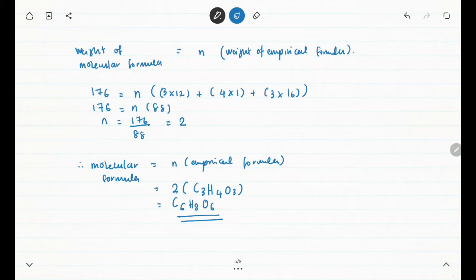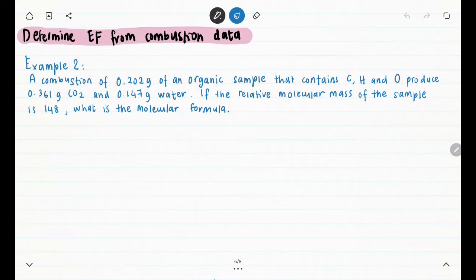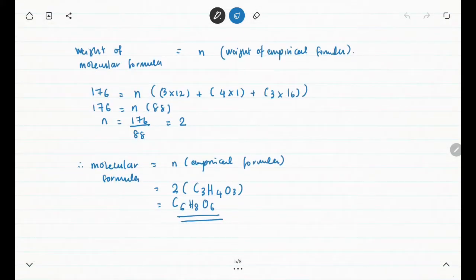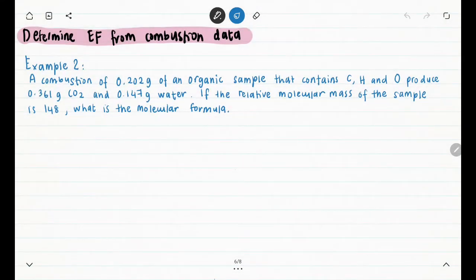So how about combustion data? For this example, we have a combustion of 0.202 gram of organic sample that contains carbon, hydrogen and oxygen, producing 0.361 gram of carbon dioxide and 0.147 gram of water. The relative molecular mass of the sample is 148.